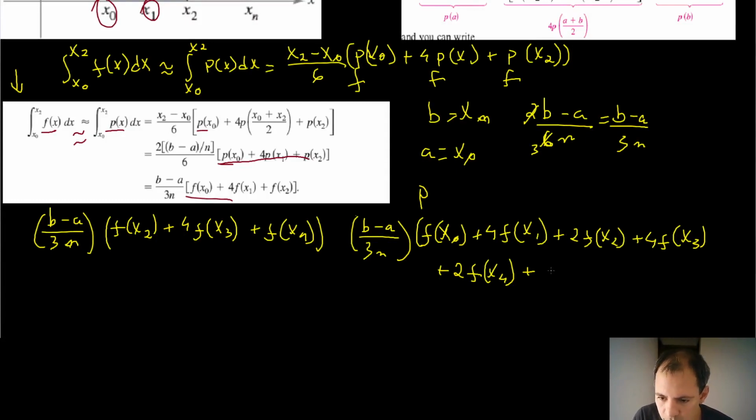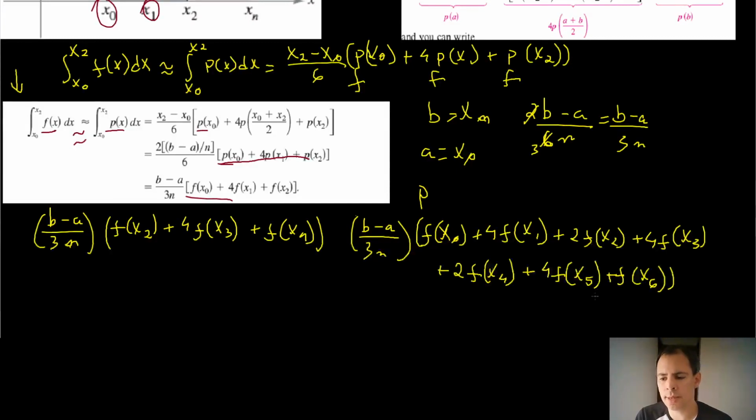The next one has to be a 4 because it has to end with a 4 and 1, not with a 2 and 1. So 4f of x5, and let's say that x6 is the last one, plus f of x6. So you're going to multiply b minus a divided by 3n by all this thing in here, and that's Simpson's rule.